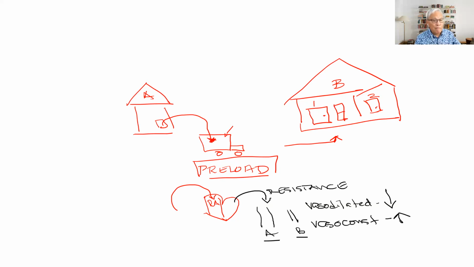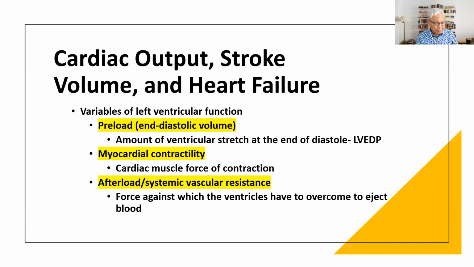So if you have vasodilation, you're going to have a decrease in afterload. If you have vasoconstriction, you will have an increase in afterload. These concepts are very, very important in discussing heart failure so that you will understand how we treat it and how we manage heart failure.